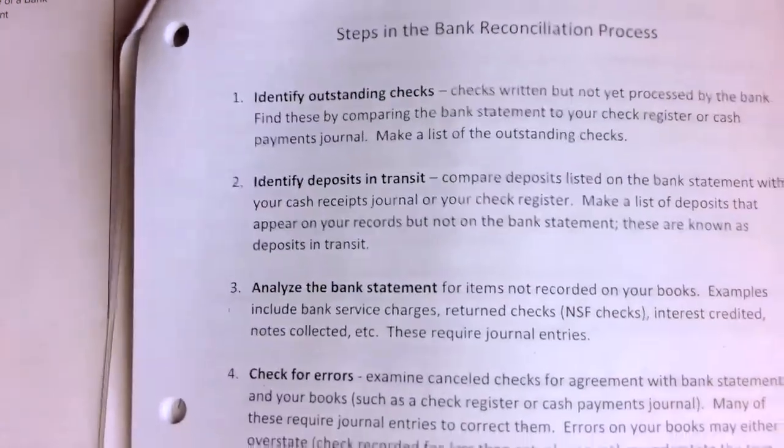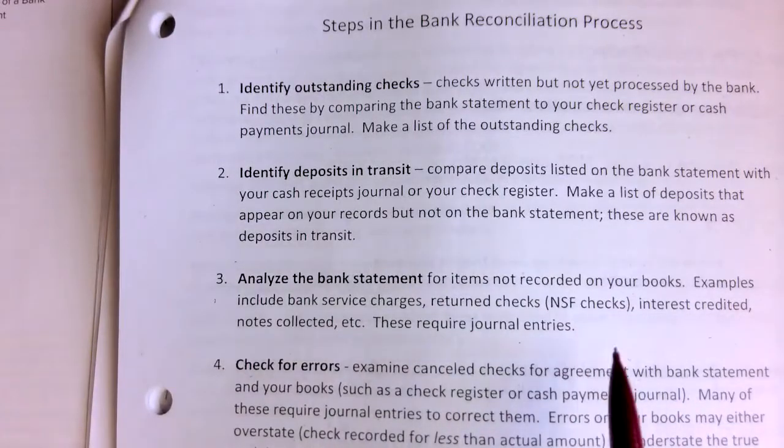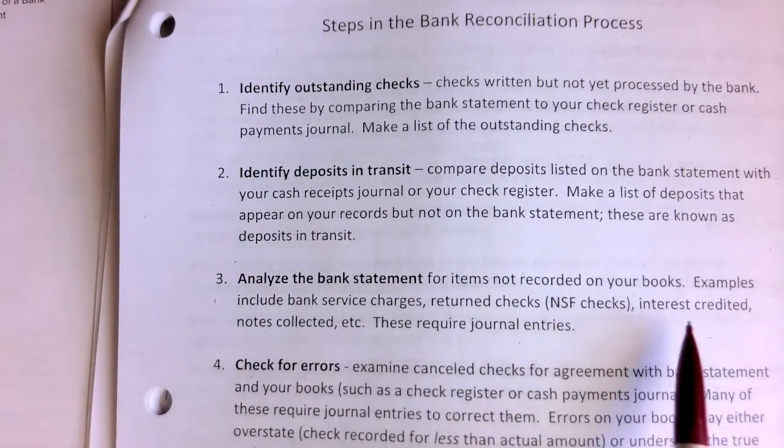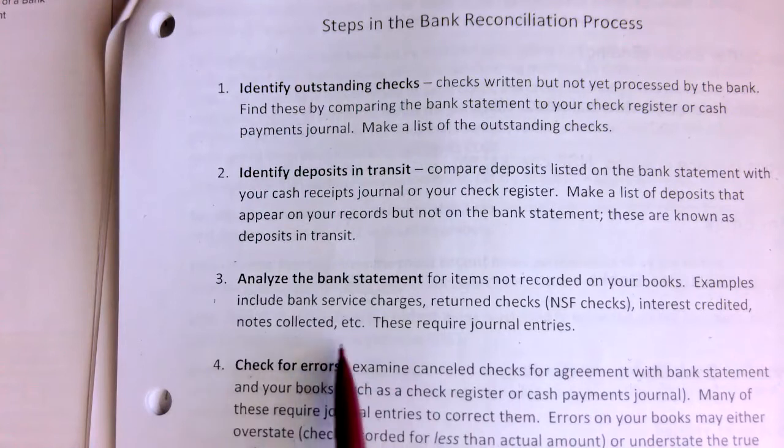Then I say analyze the bank statement for items not recorded on your books, which we just looked at a couple of examples there, bounce checks, service charges. Depending on your account, you might earn a little bit of interest on the account. I do say notes collected here.